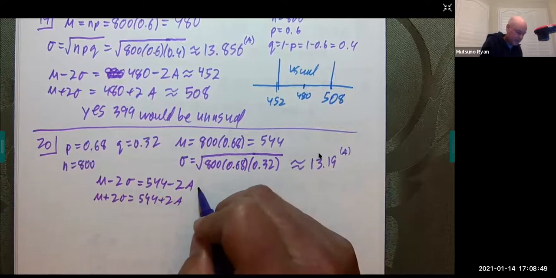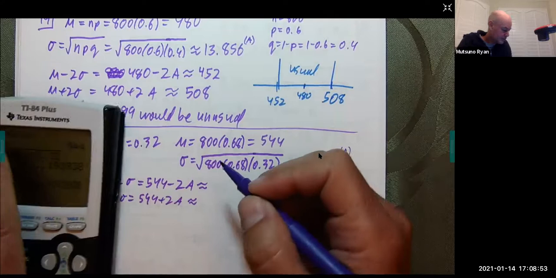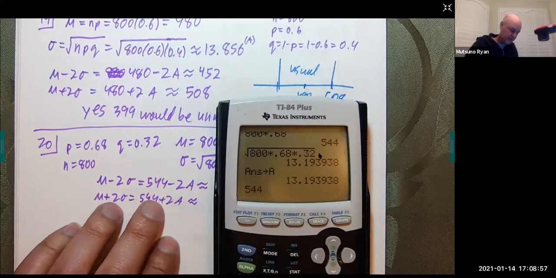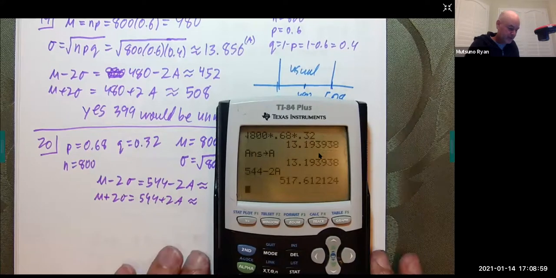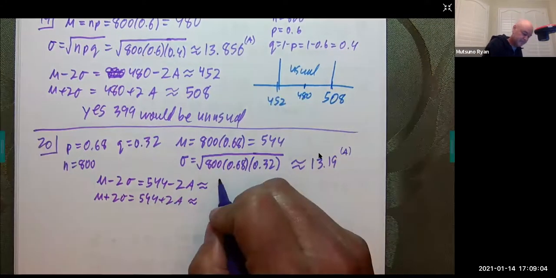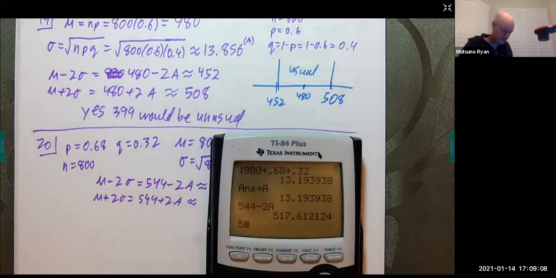Again, I'm going to round these off to whole numbers. So we'll say 518, and 570.